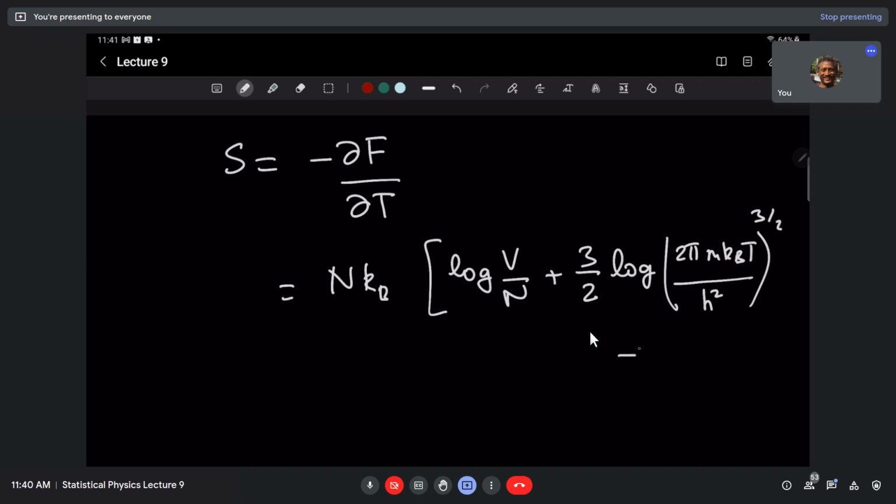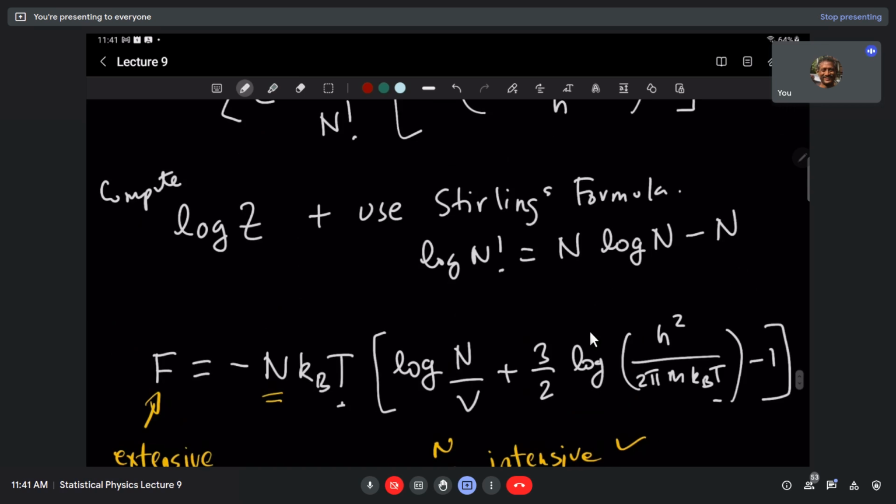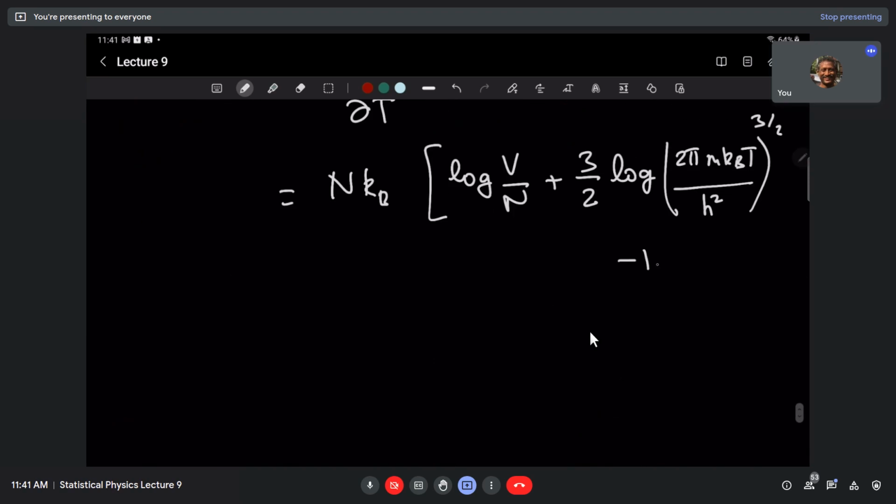But then if you look here, the derivative of this will give you a 1 by T, which will cancel this T, and you'll get a plus 3 half, minus 3 half. So this will just become minus 5 by 2.